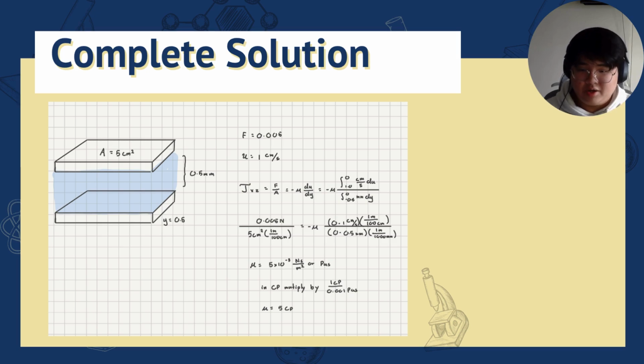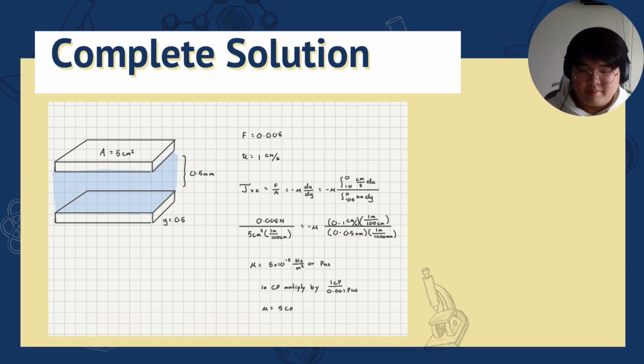So our upper is 1 and our lower is 0, giving us 1 minus 0, and that is multiplied by the conversion factor because again we are using SI units, so we divide by 100 cm to make it 1 meter, over 0.5 millimeters minus 0.